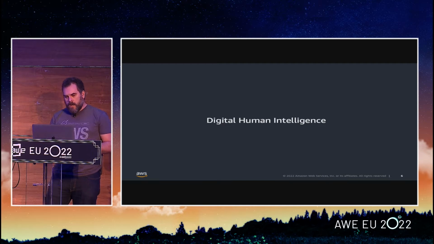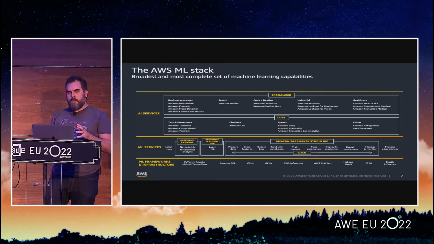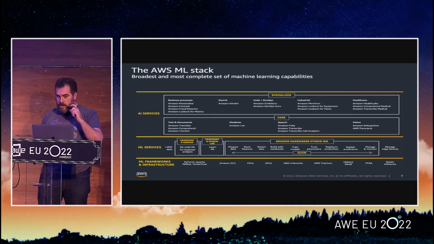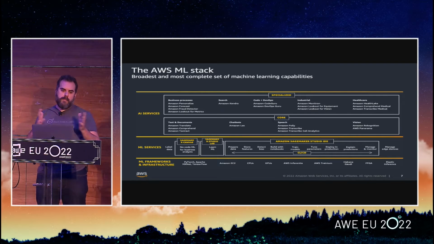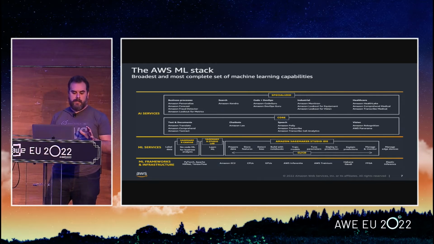In the machine learning platform in Amazon Web Services, we have already planned a lot of different services. I don't want to spend that much time here, but all the AI services you see on the top of this schema are what we call the managed services for artificial intelligence.